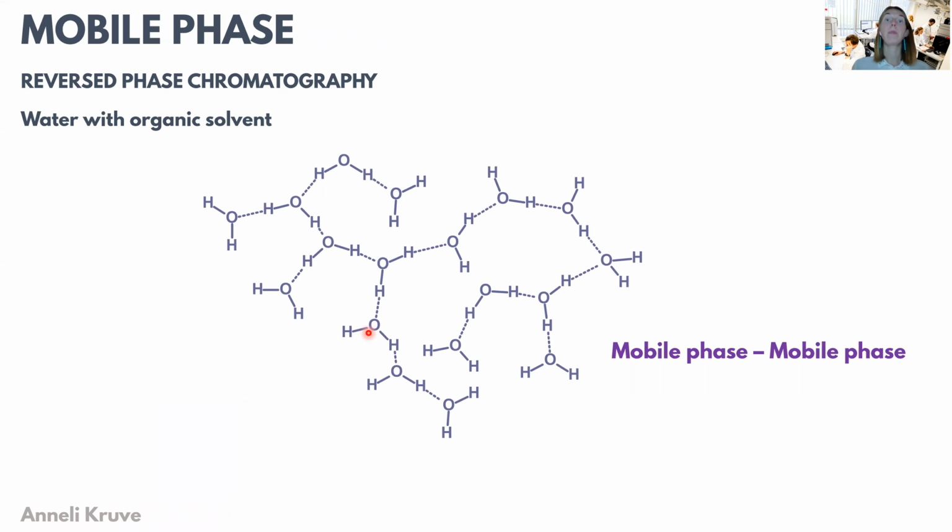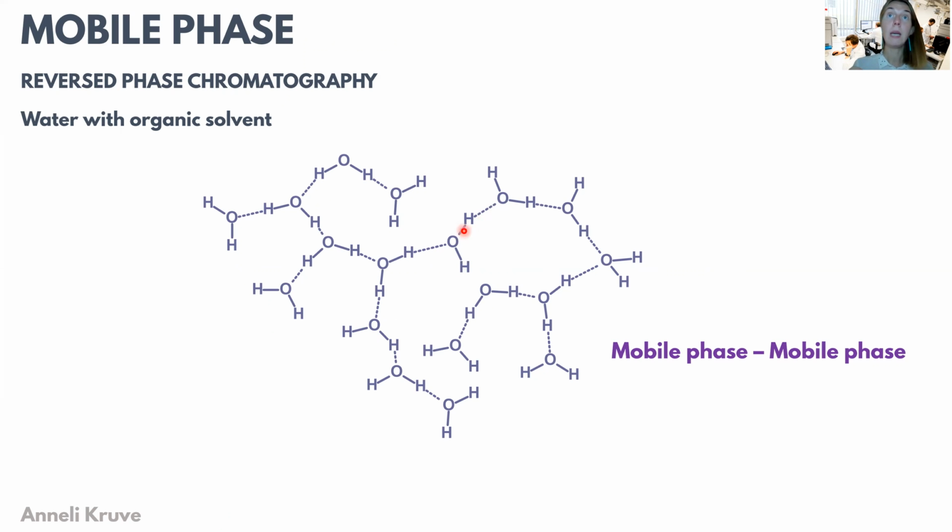On the contrary, the mobile phase in reverse phase chromatography is very, very polar. The starting point of the mobile phase is pure water. And in pure water, we have an extensive network of hydrogen bonds between the water molecules.